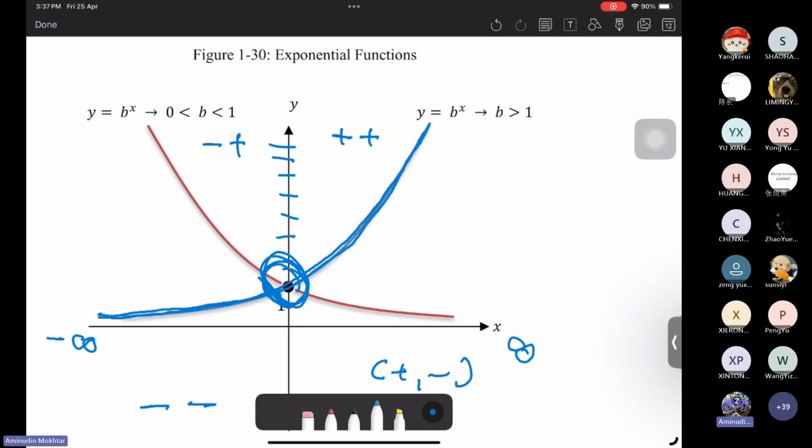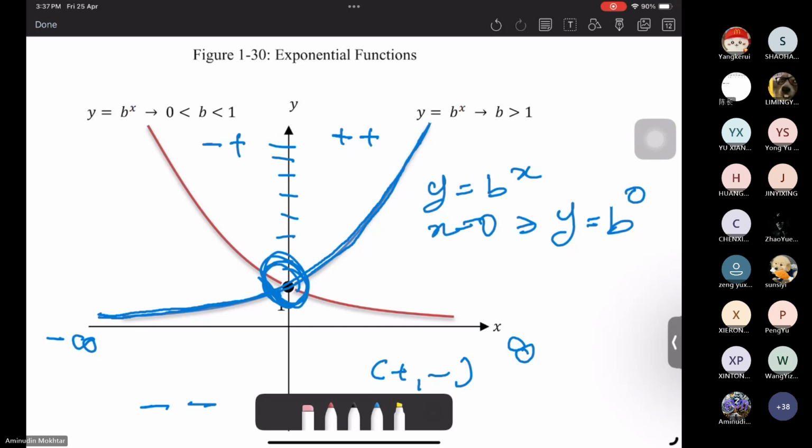Since y equal to b^x, if x equal to 0, y equal to b to the power of 0. In mathematics, any number with the power of 0 is equal to 1.